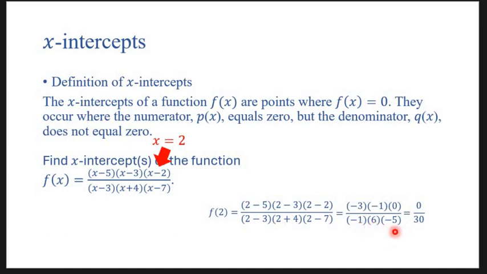And negative 1 times 6 times negative 5 is 30. So when I do 0 over 30, I get that f of 2 is equal to 0. And the last x-intercept here is 2, 0. So that's how we find the x-intercepts of a rational function: we're looking for numbers that make only the numerator 0 but not the denominator.